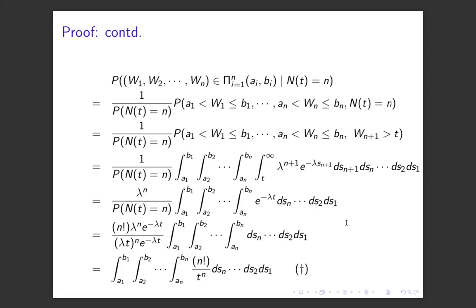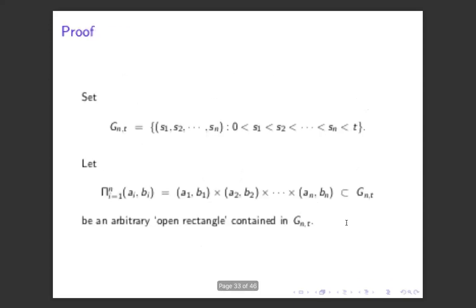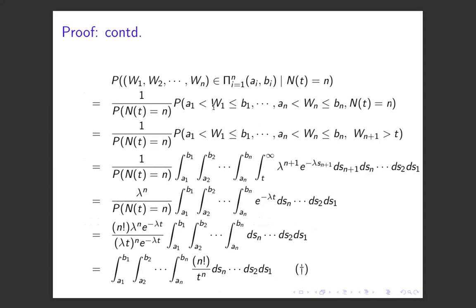So what we have succeeded in doing is, if we take any arbitrary rectangle, let's say product i going from 1 to n of (a_i, b_i), which is completely contained, any open rectangle in G_n(T), then the probability of this n-dimensional random variable taking values in that rectangle given Nt equal to n is given by the integral over precisely this rectangle of this function n factorial divided by t to the power n, of course, ds_n ... ds_2 ds_1.